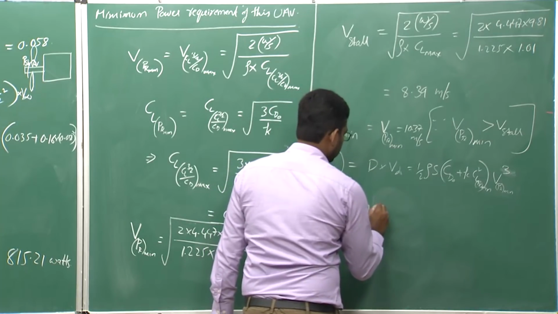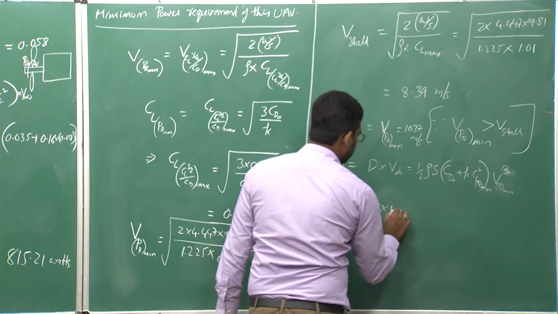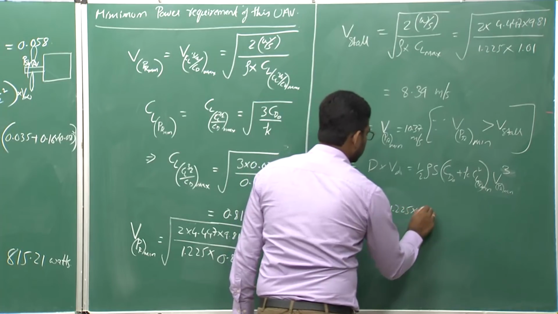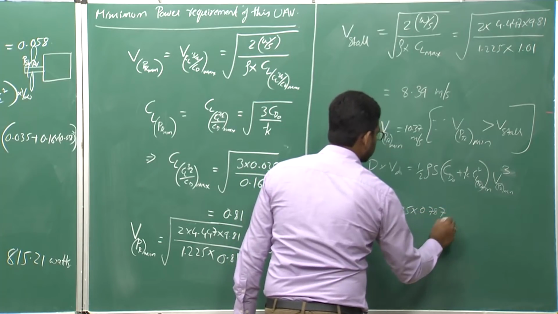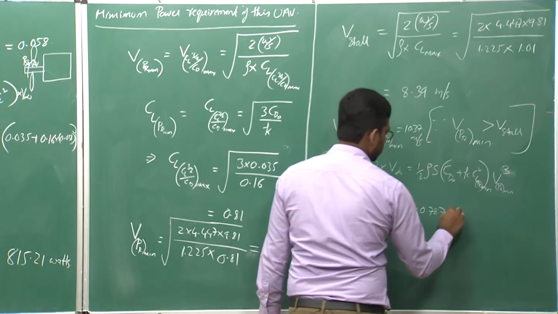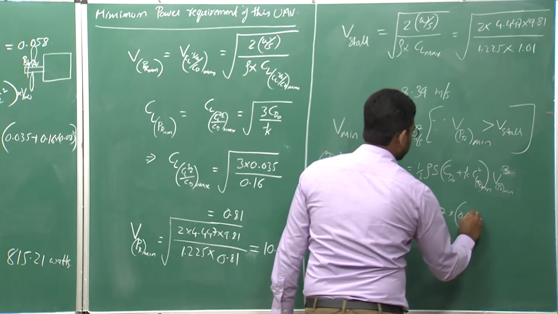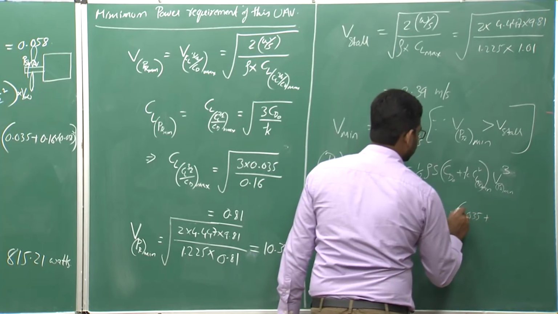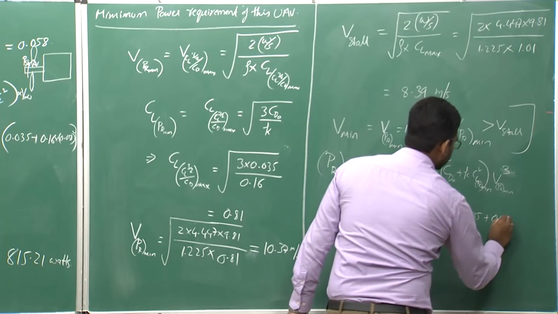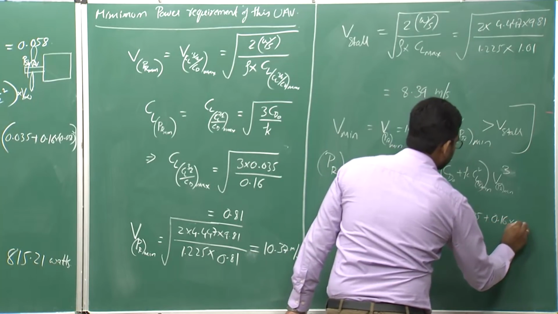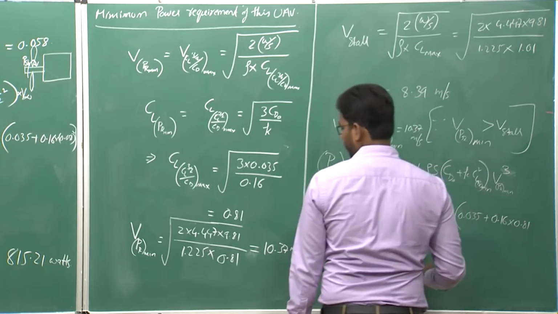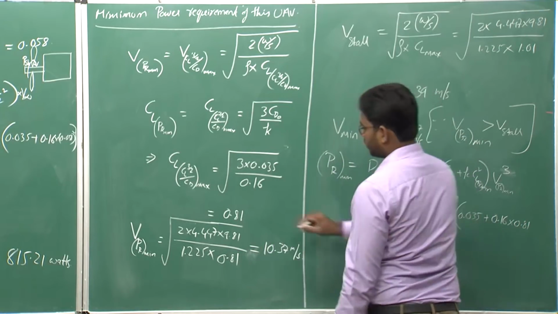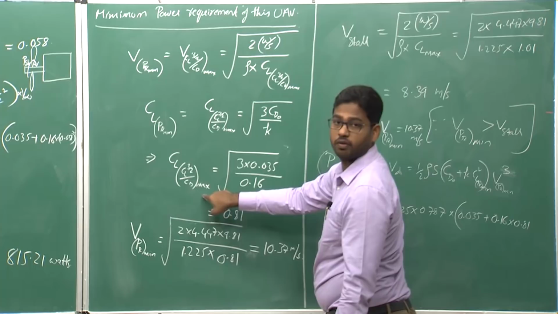So, 0.5 into 1.225 into 0.787 into 0.035 plus 0.16 into 0.81 square. So, this is your CL for minimum power requirement condition.